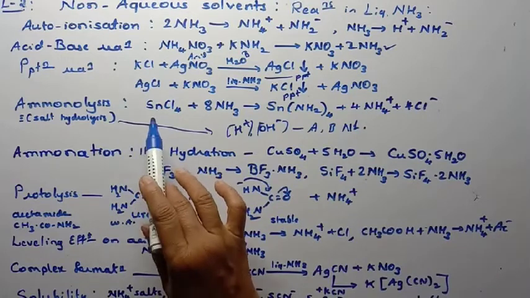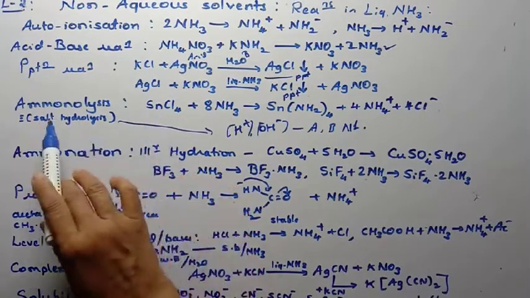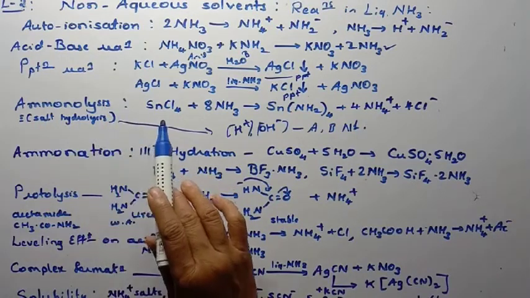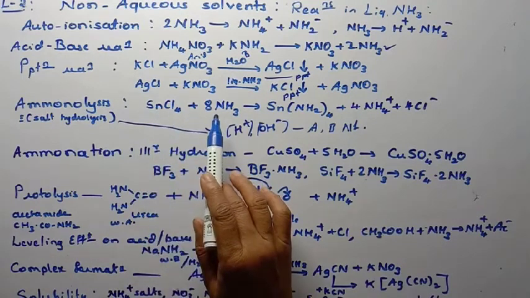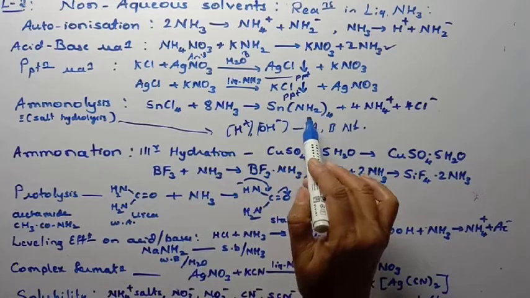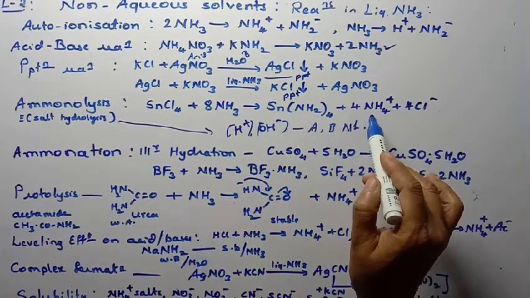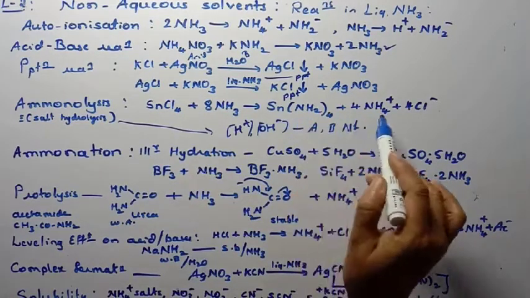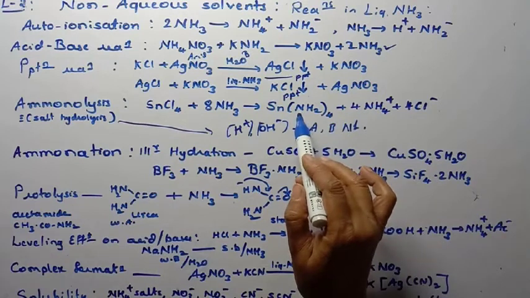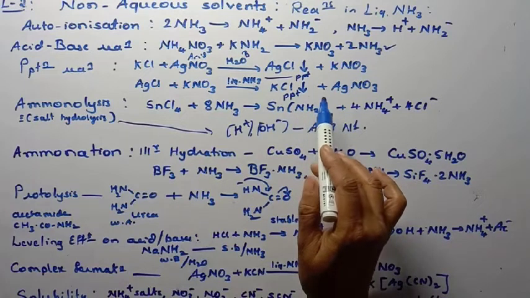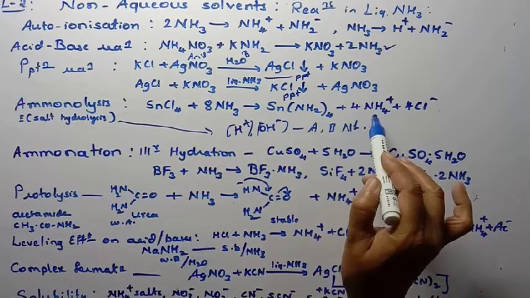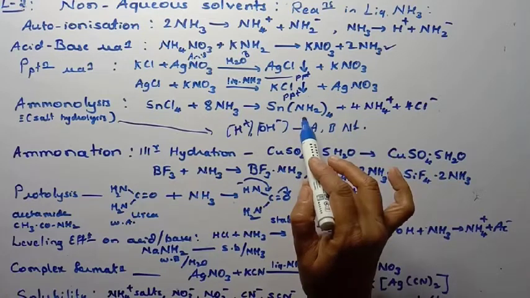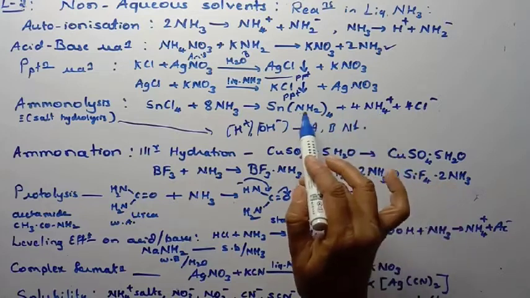In a similar way, ammonolysis is nothing but the reaction between salt and ammonia. As a result, the concentration of either NH4 plus may increase or decrease, or vice versa, NH2 minus ion concentration may increase or decrease. If this increases, this will decrease. So they are interrelated.